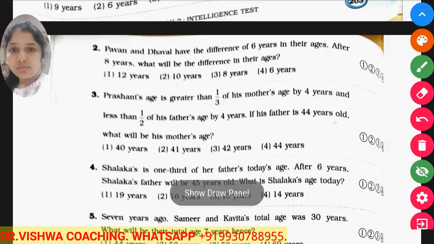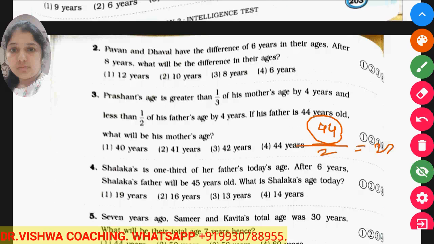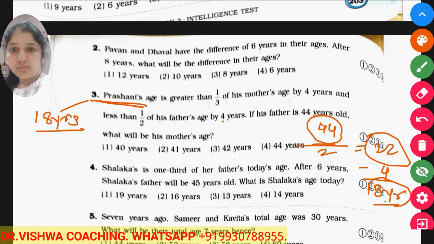If father's age is 44, what is half of 44? 22. And 4 years less than 22 means 18 years old. Now we get the age of Prashant, which is 18 years old, because his age is less than half of his father's age by 4 years. Okay, so we got Prashant's age as 18 years.